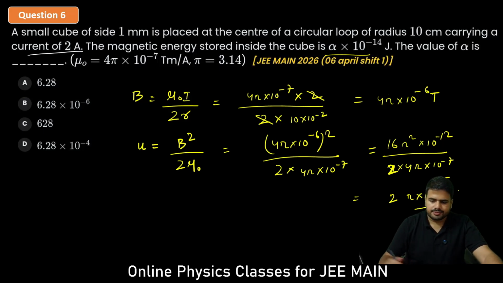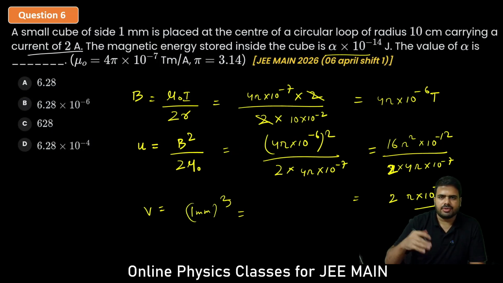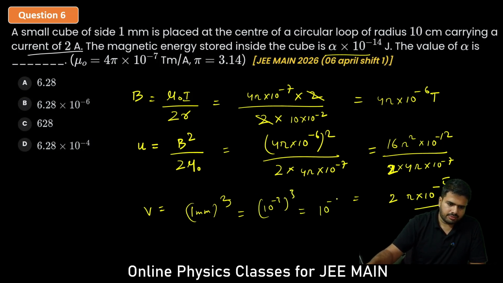Further, for the total volume, they have given the side as 1 mm. So we can put 1 mm cube to find the total volume: (10^-3)³, or 10^-9.